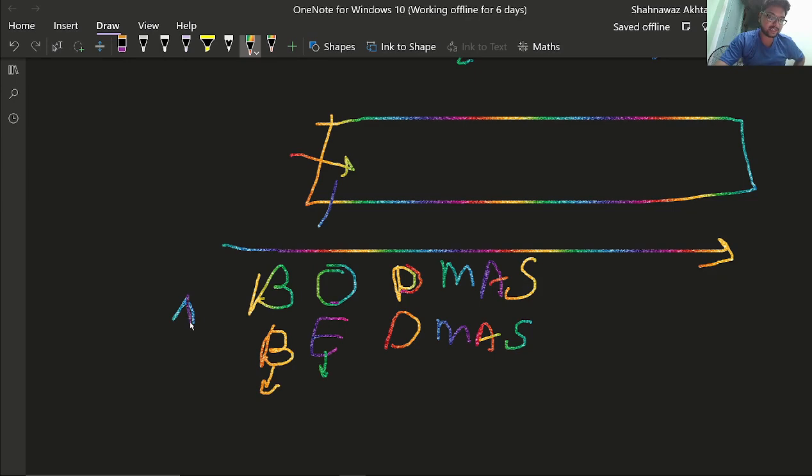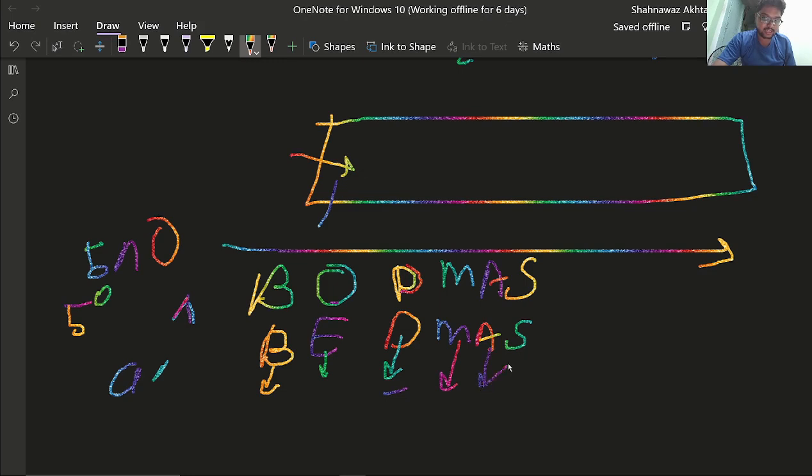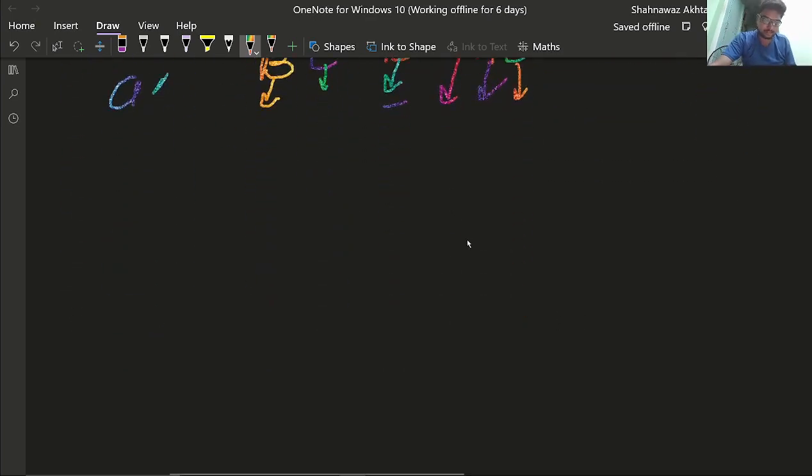It is represented by this. Exponentiation means that if I write 5 exponentiation 0, then it means 5 power 0. Then what is this? Division, then multiplication, then addition, then subtraction. All right. So this is the hierarchy of operators.